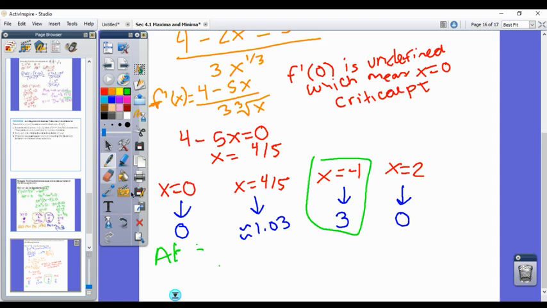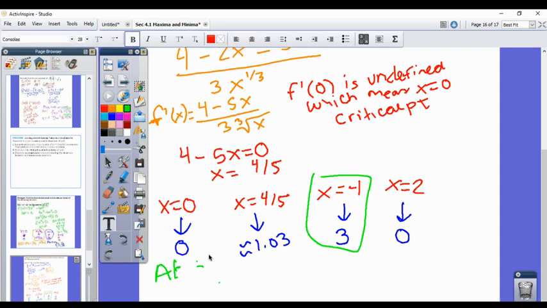All right, let me use the typing. Okay, -1, 3.